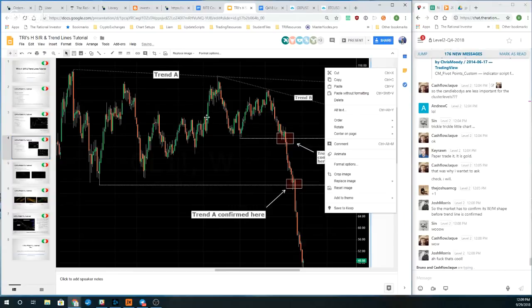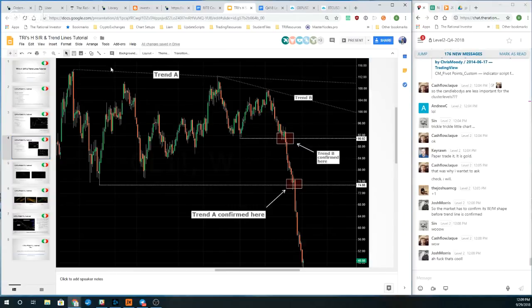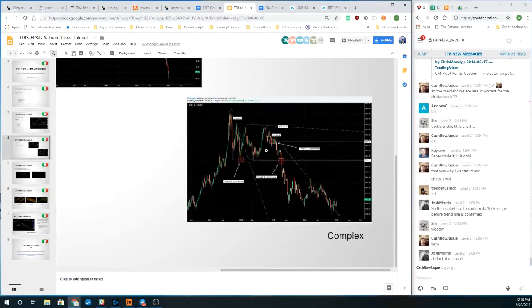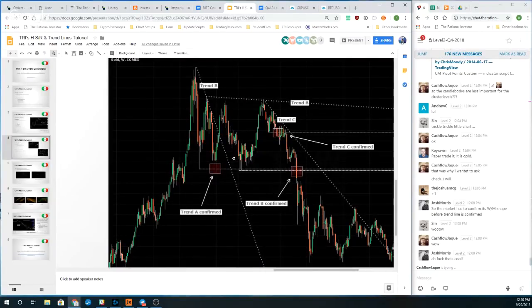I think we have also another example here, down here. Now this gets tricky because you'll notice that this high here never did get taken out. And then notice that the market did actually take out this low. So this actually is a valid trend line.